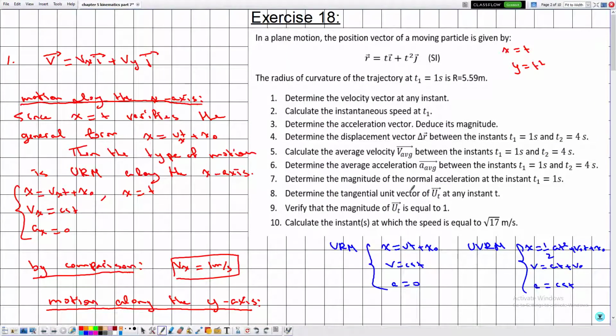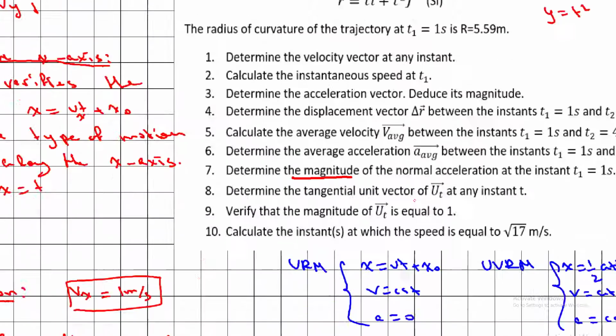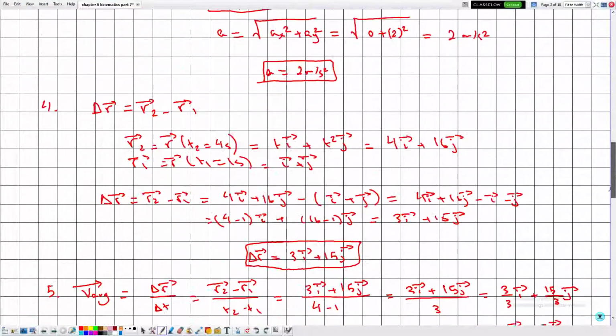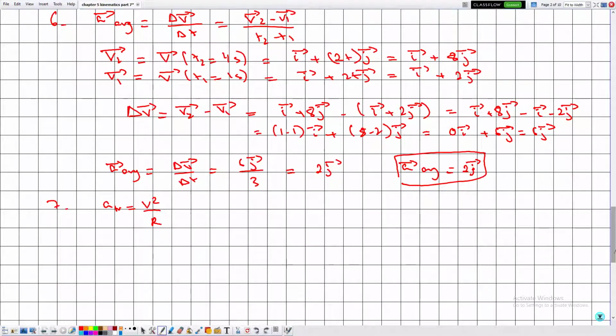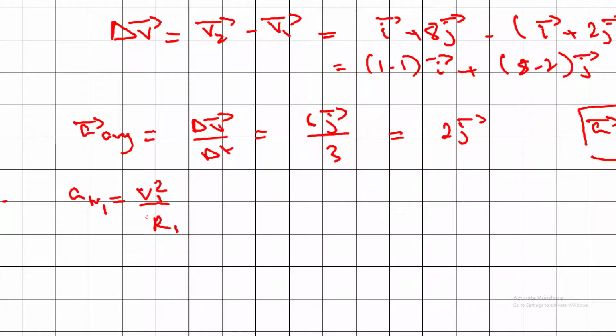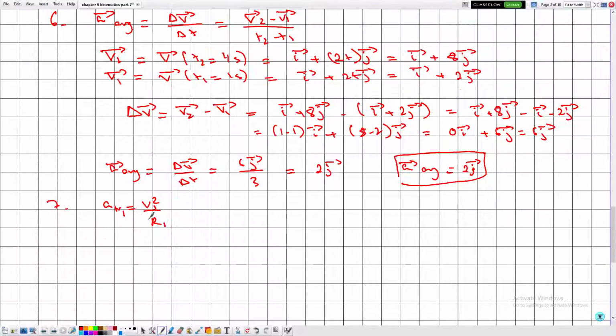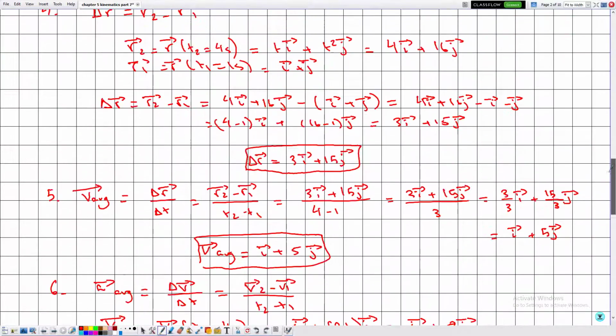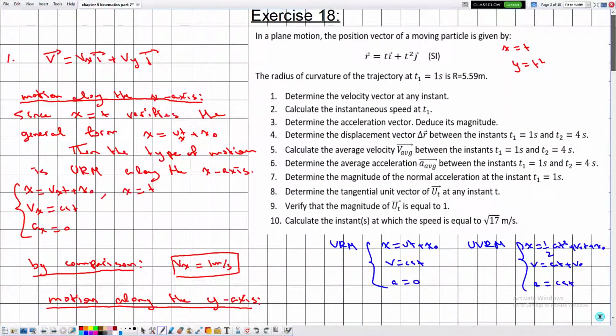So here they are telling us the magnitude of the normal acceleration. Okay, so we are computing it at the instant t1 equal to 1 second. So this is computed at the instant t1, which corresponds to the speed v1 and radius of curvature r1. Notice that the speed is a function of time because it's varying, and the radius of curvature also is a function of time. Now v1, have we computed it?